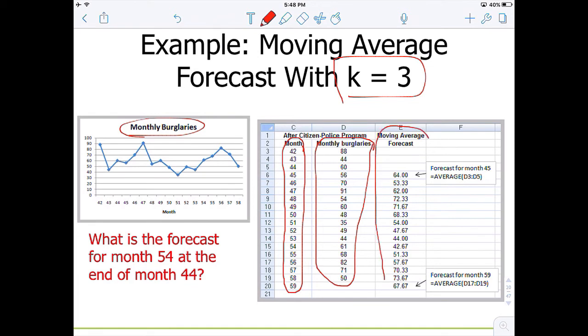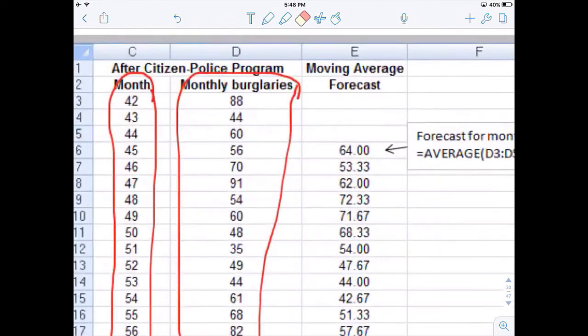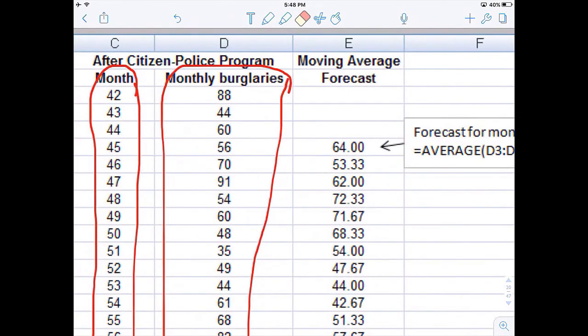As you can see, we do not have any forecasts here for the first 3 months because k is equal to 3. Since we do not have the most current 3 data points for these first 3 months, we do not run the moving average forecast for them. So how did I get 64 here? It's very simple.